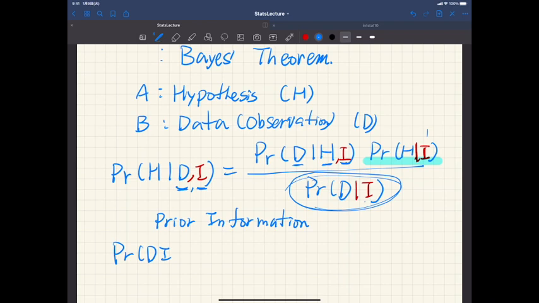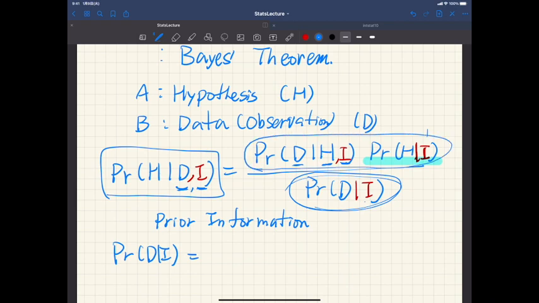This is required so that the left hand side is a probability measure. It is given by summing the numerator, probability of the data given hypothesis h_i times probability of h_i given I, summing over all hypotheses.